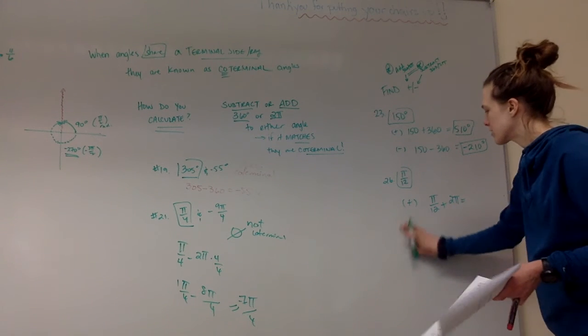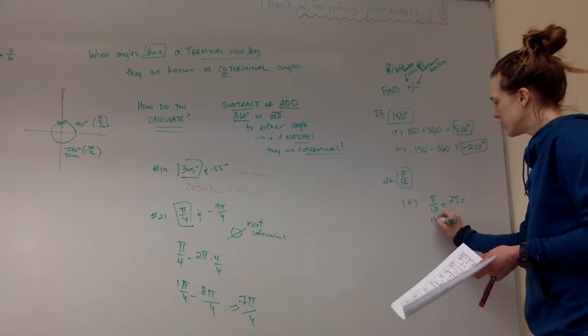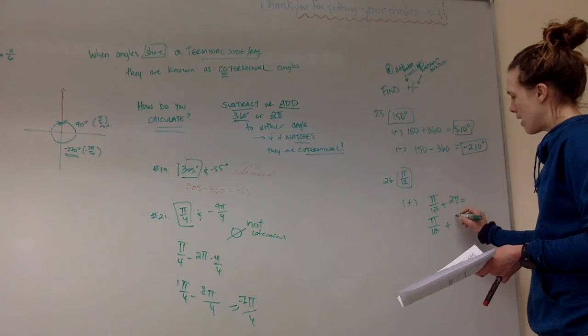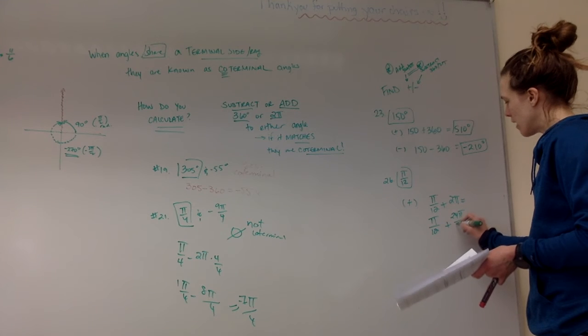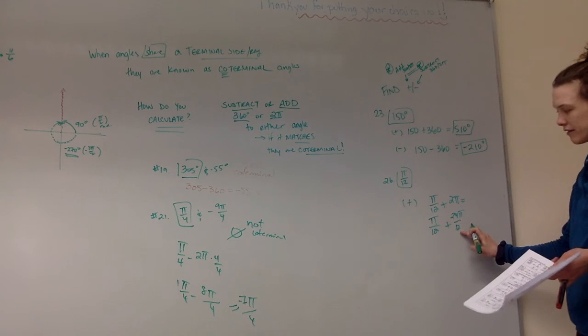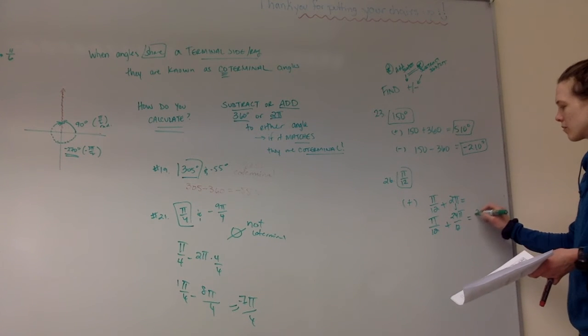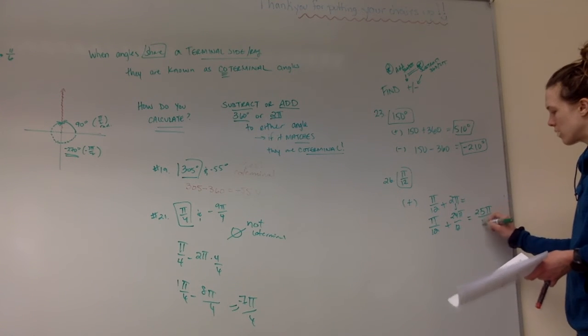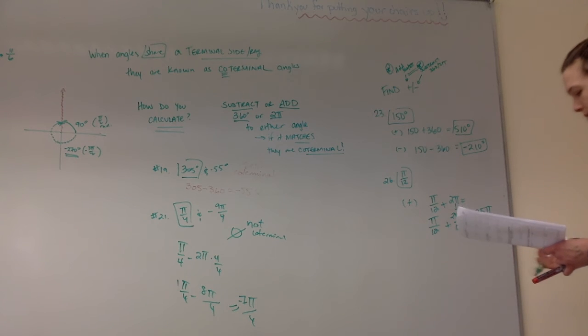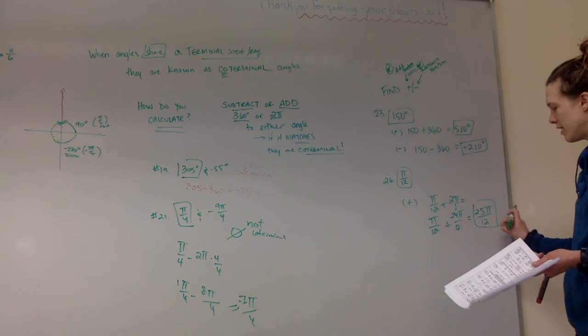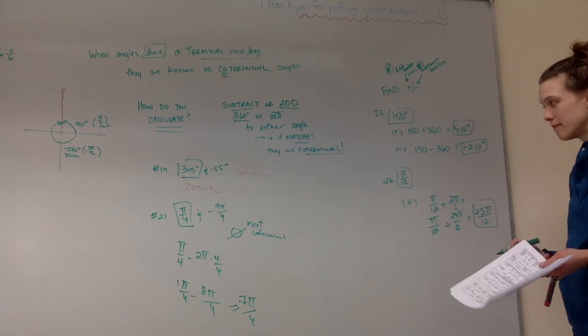I'm going to change the denominator so you all can see it. So I've got pi over 12 plus 24 pi over 12, because 24 divided by 12 is 2. That gives me 25 pi over 12, which can't be simplified any further. There's nothing that goes into 25 and 12 except 1.